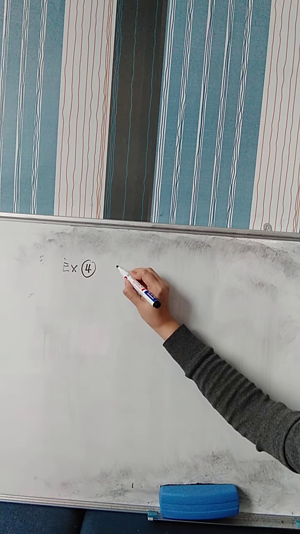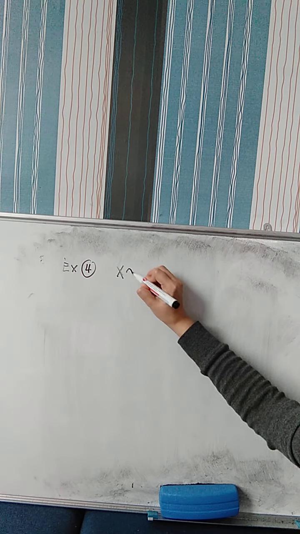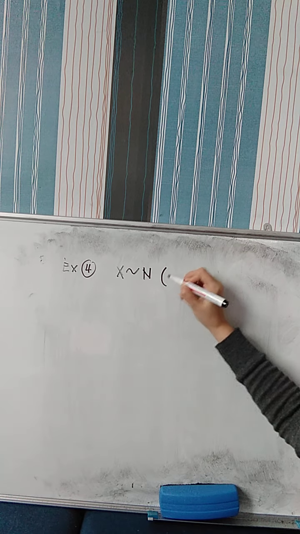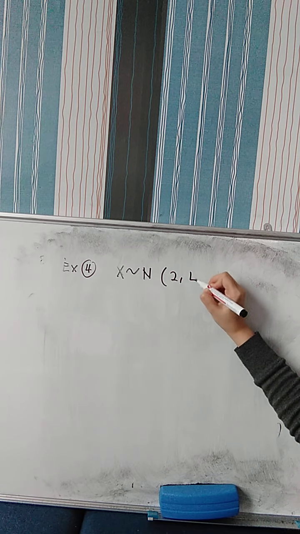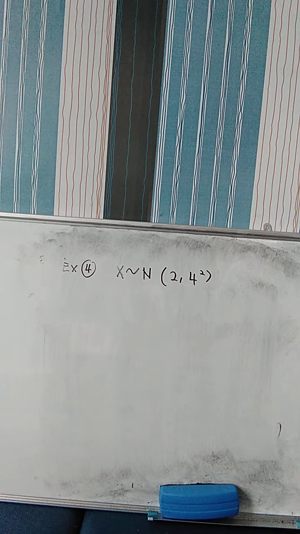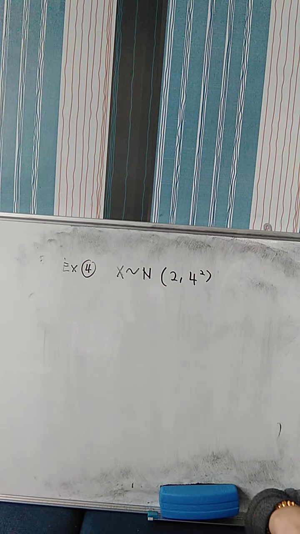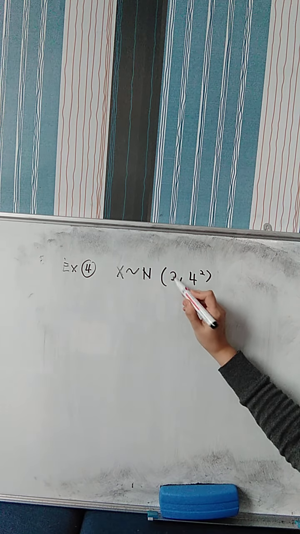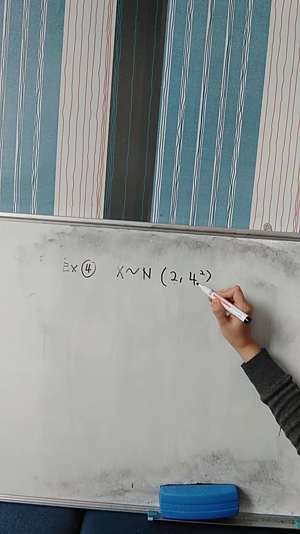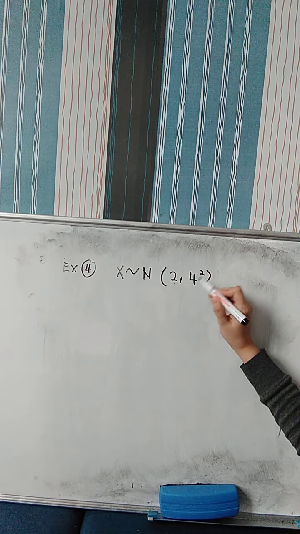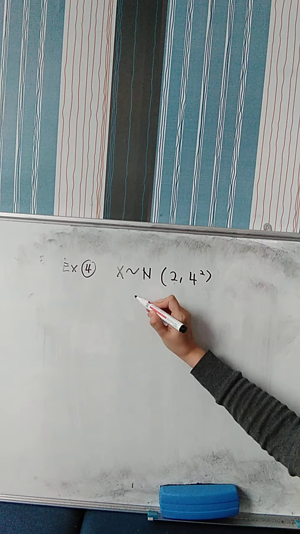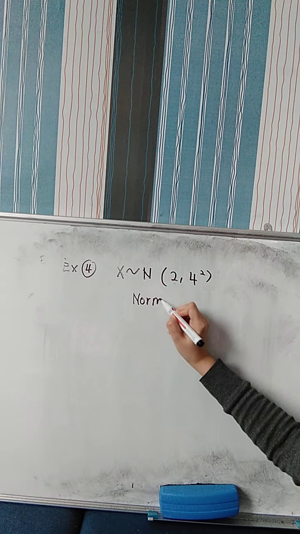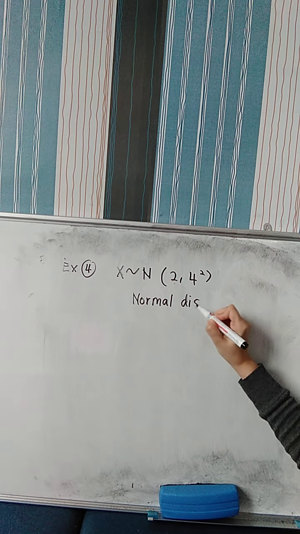Okay, let's continue to example 4. For example 4, given X normal 2 and 4 square. So you need to identify whether this is a normal distribution or a standard normal distribution, because the mean is 2 and the variance is 4 square. So this is a normal distribution, like example 3.